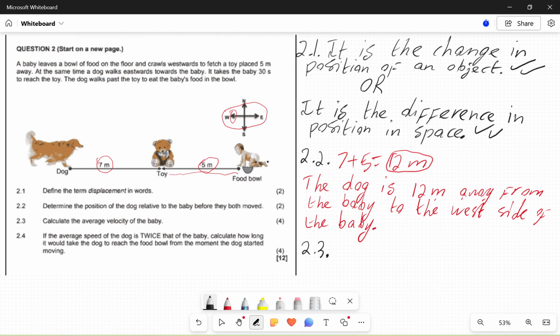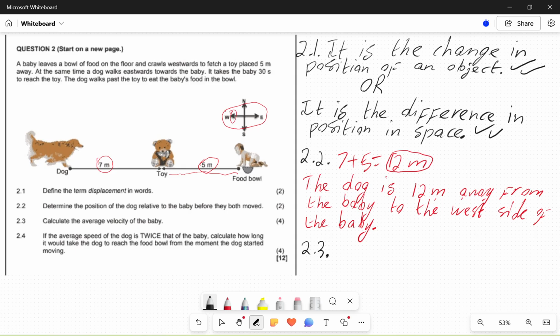So guys, if they say calculate something, firstly start by defining that thing, and then from there you can do your calculations. And now, before we actually calculate the average velocity of the baby, let's list the information that we have regarding the baby.